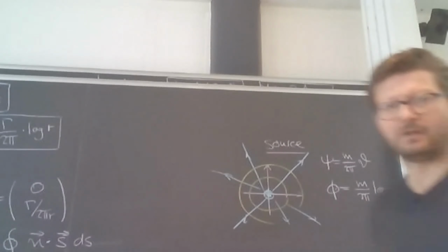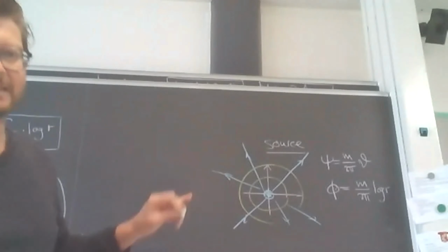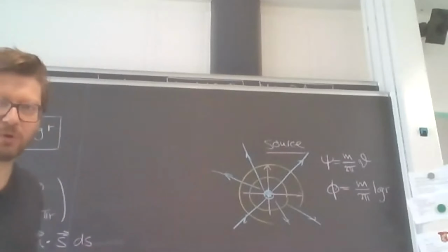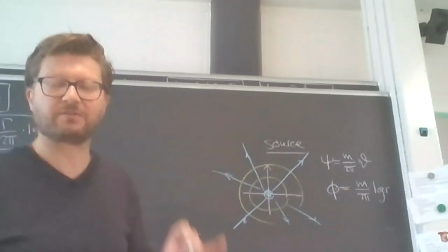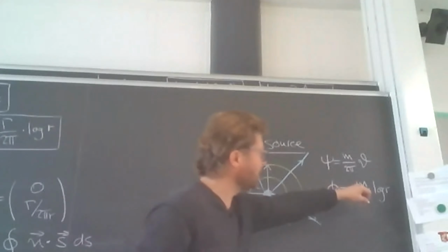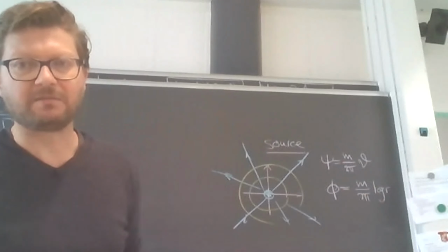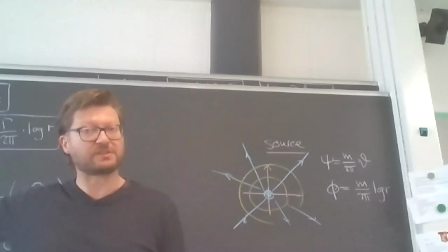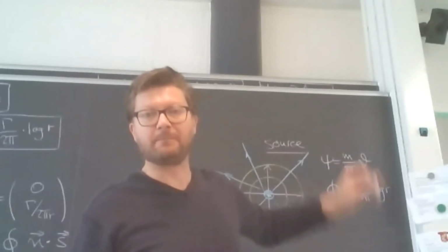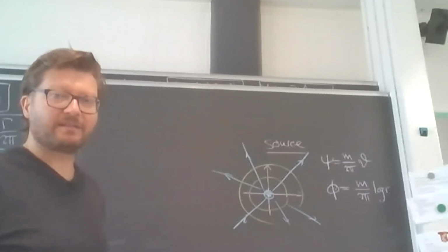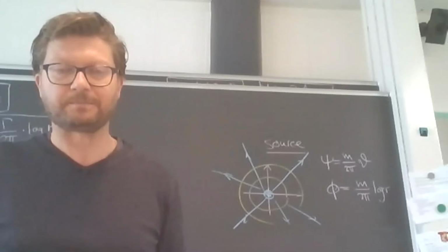Okay. You may see a slight discrepancy. Well, we skipped the minus sign. It's more a matter of definition in which direction the flow is going. And you see that we introduced a new variable. Instead of gamma, which had the role of a circulation, we now have an m. M, again, is the strength. It's the strength of the source.